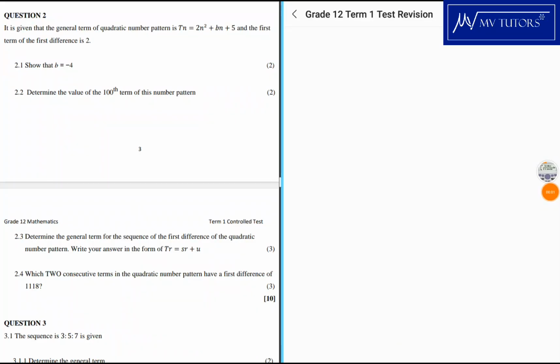Alright, now we're going to start with question 2. It is given that the general term of a quadratic number pattern is 2n squared plus bn plus 5. And the first term of the first difference is 2. So basically, I'm just going to put there the first 4 terms.